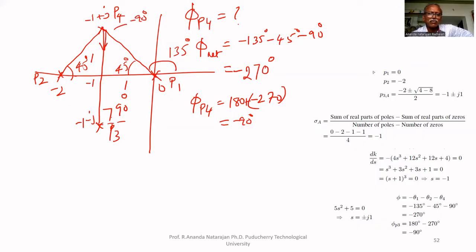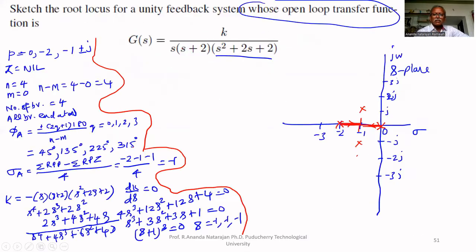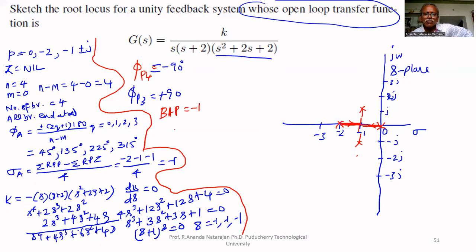Therefore, for P3 it is +90 degrees. So the angle of departure φP4 equals −90 degrees and φP3 equals +90 degrees. It comes out at −90 degrees, and the other goes up at +90 degrees. Now σa is −1 and the breakaway point is also −1.